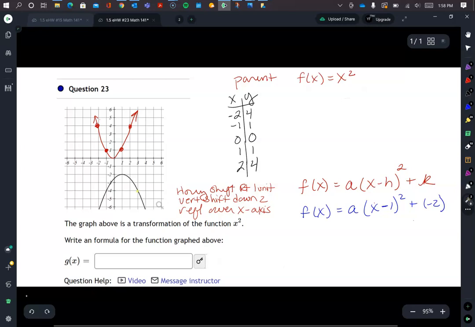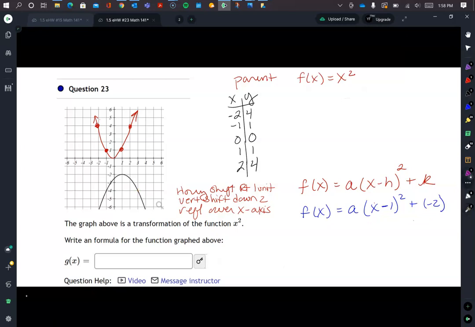So I could pick this one here, 3, -4, and plug that into this function. -4 would be my f of x, a I don't know, that's what I'm trying to find, x is 3, then I have my -1. It's important that you have the vertex in there, and then minus 2 for my k.